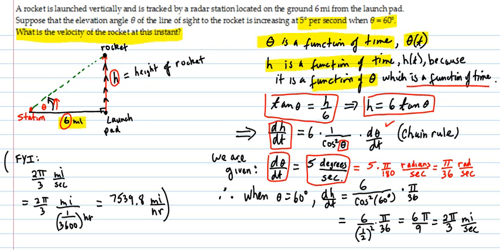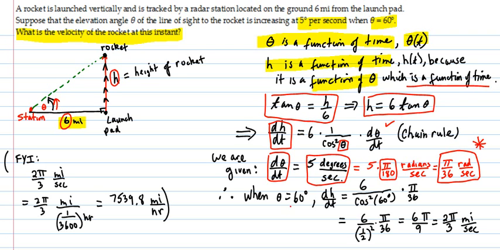So we have 5 degrees, and a degree is pi over 180 radians, because there's 180 degrees in pi radians. So you multiply that, and that changes it. The degrees from the 5 and the 180 cancel out, and you get pi radians, so you end up with pi over 36 radians per second. That's critical. You have to do that.